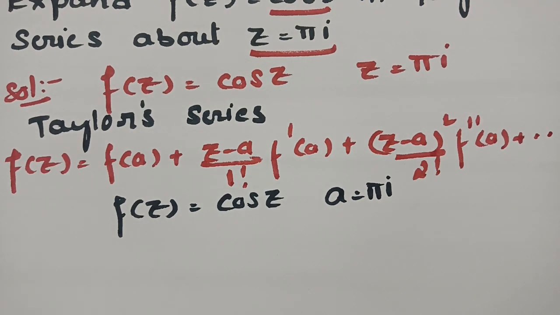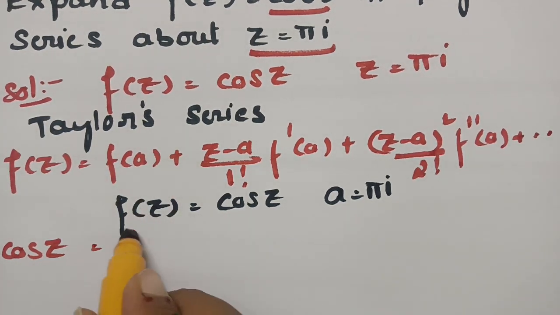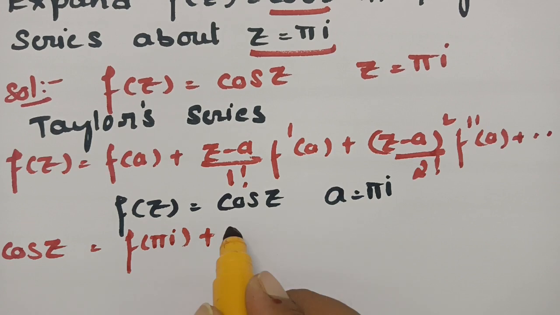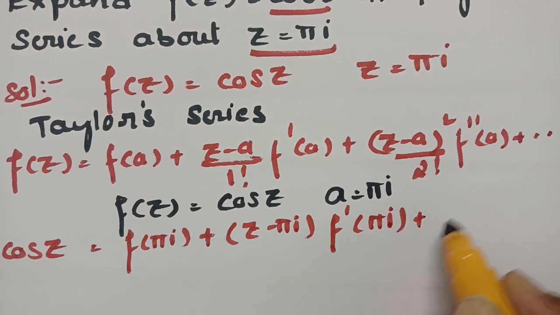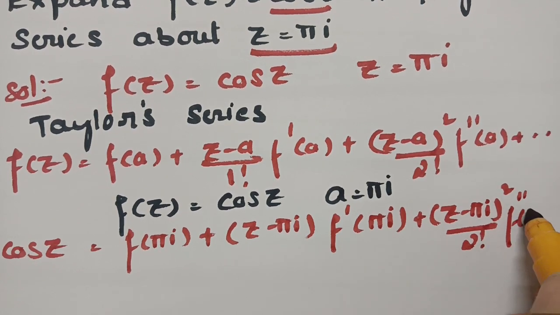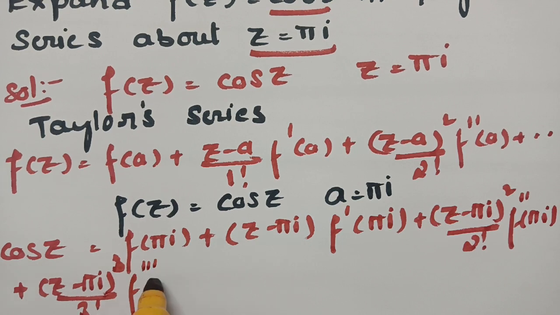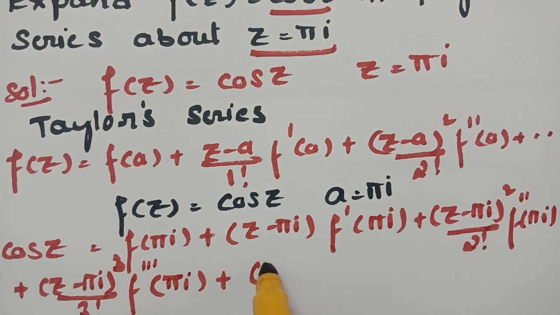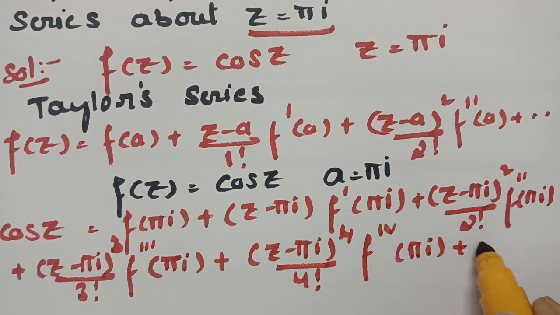Now this will become cos z is equal to f of pi i plus (z minus pi i) into f dash of pi i plus (z minus pi i) whole square by 2 factorial into f double dash of pi i plus (z minus pi i) whole cube by 3 factorial into f third derivative of pi i plus (z minus pi i) power 4 by 4 factorial into f fourth derivative of pi i plus and so on.